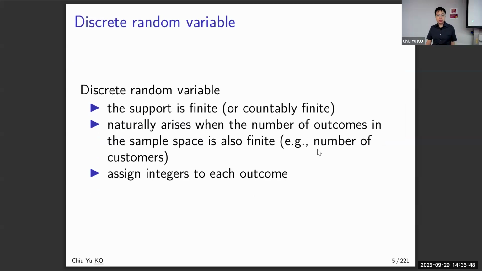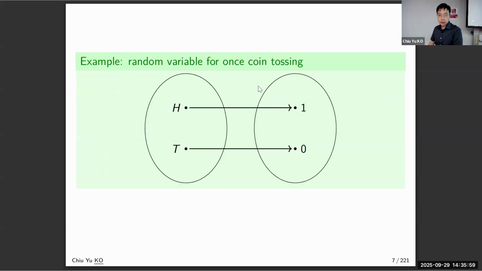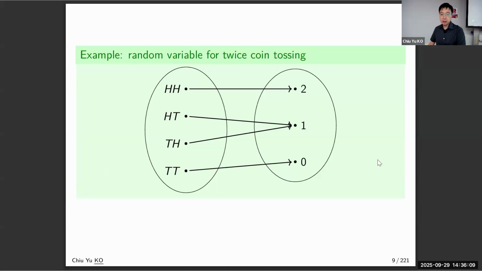So the question is, looking at, say, discrete, you assign heads or tails a number by counting the number of heads or tails, right? So this is the leading example we have: you toss a coin twice, then you have 4 outcomes, but you can only count the number of heads or the number of tails, so you only have 3.